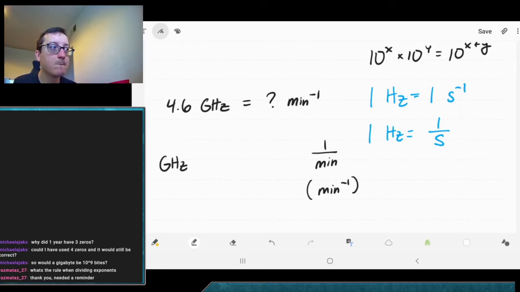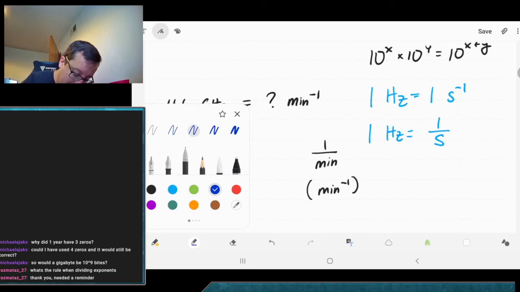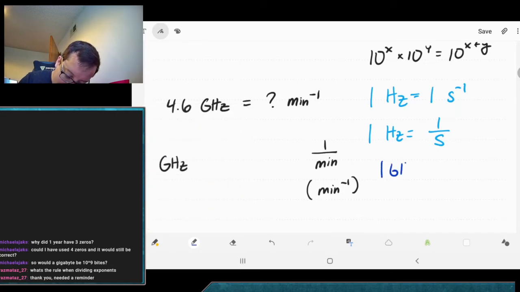Well, if nothing else, if you're really stuck on making a unit plan, it's a good idea to just put out conversion factors that you do know and try and see if there's going to be any connection between those and ones you're given. So we might be like, okay, well, I have no idea where to go from this. But I do see that I'm given a metric prefix in one of mine. So I might as well write out what that prefix means. I might be like, oh, right, 1 gigahertz is 10 to the 9th hertz.